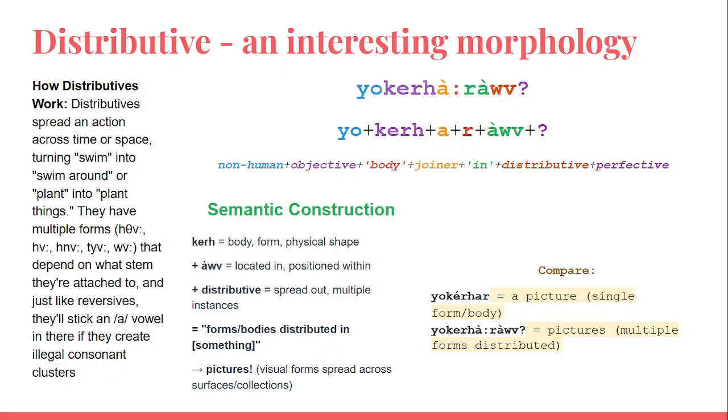And a body that's distributed. And the distributive is only used in the plural version of the word, mind you. Yokerha is a single form, a single body. But when you add the distributive, now you're talking about forms, bodies distributed in something.